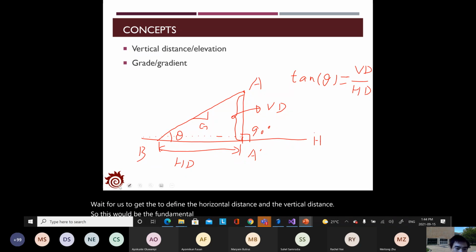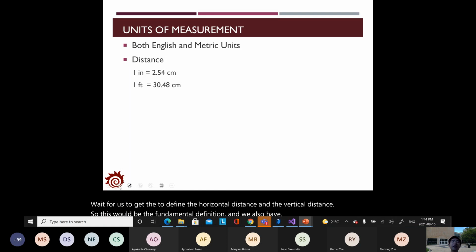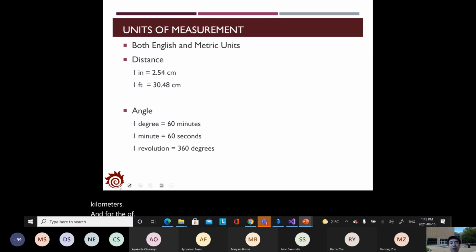And we also have the units we want to use for this class. Basically, in this class, we will use both English units and metric units. For distance, we will use inches, feet, and miles. We will also use centimeters, millimeters, meters, or kilometers. For angles, we will use degrees and revolutions.